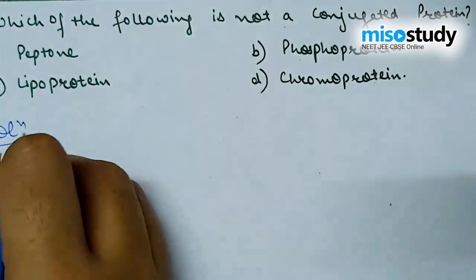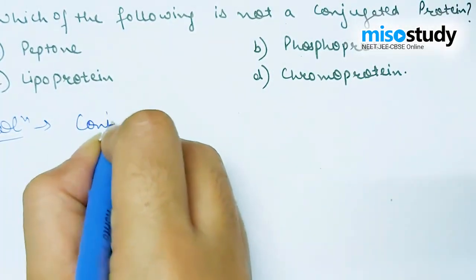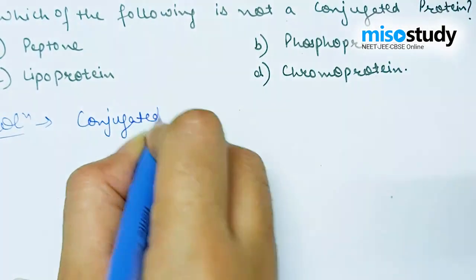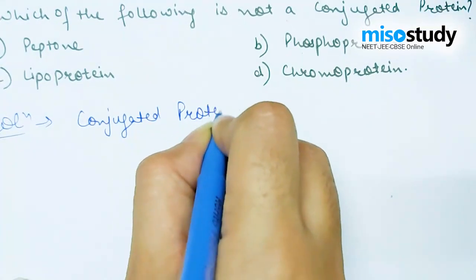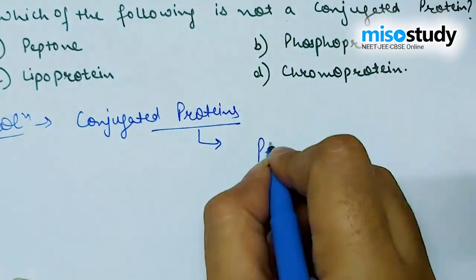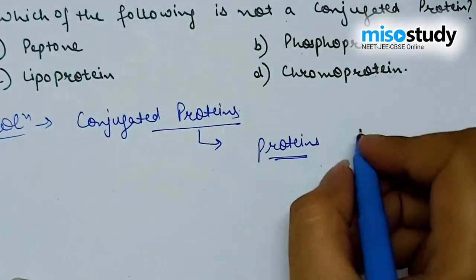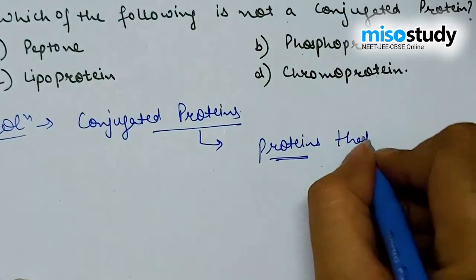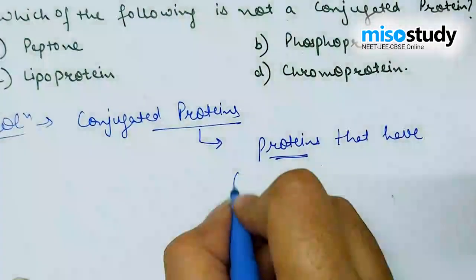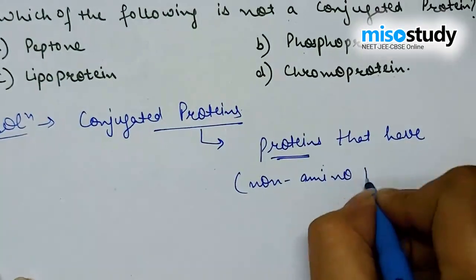When we discuss conjugated proteins, conjugated proteins are the proteins that have a non-amino prosthetic group.